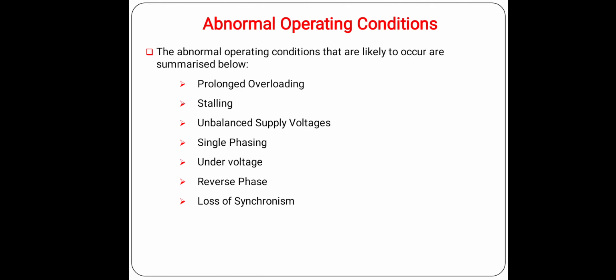Basically, single phasing may cause extreme magnetic unbalance, reduction in torque, and overheating due to negative phase sequence currents. This operation is not desired as it may cause damage to the motor, and therefore protection against single phasing is necessary.